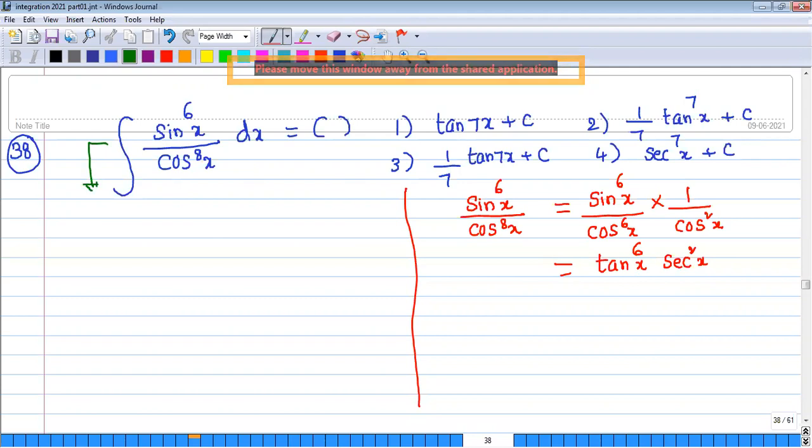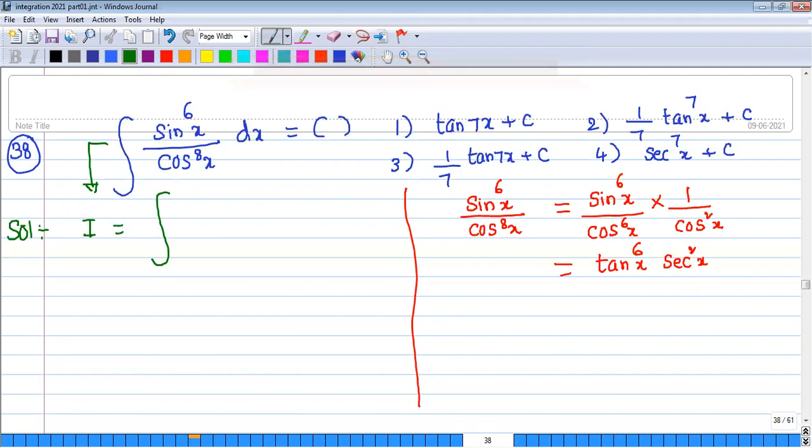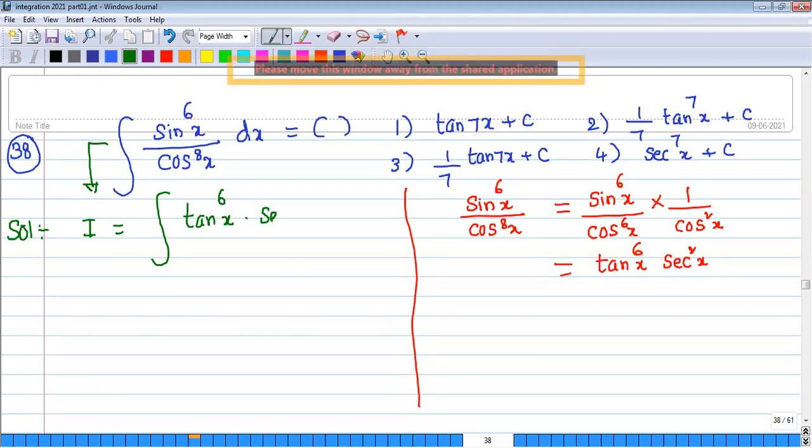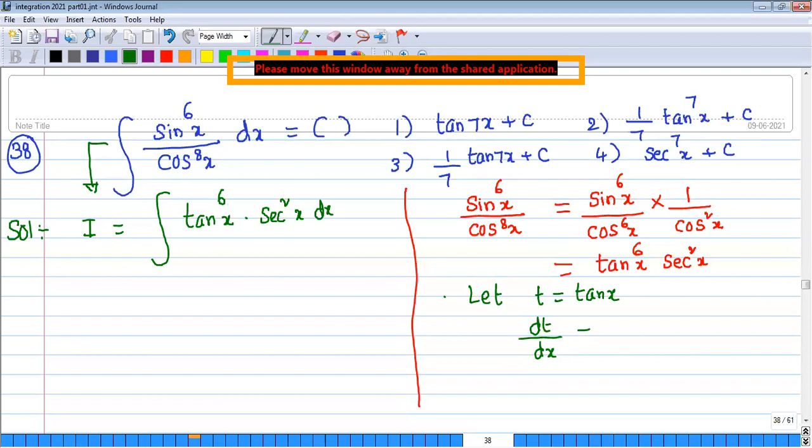So now I equals integral tan x to the power of 6 into secant square x dx. Let t equal tan x, dt by dx equals secant square x, dt equals secant square x dx.